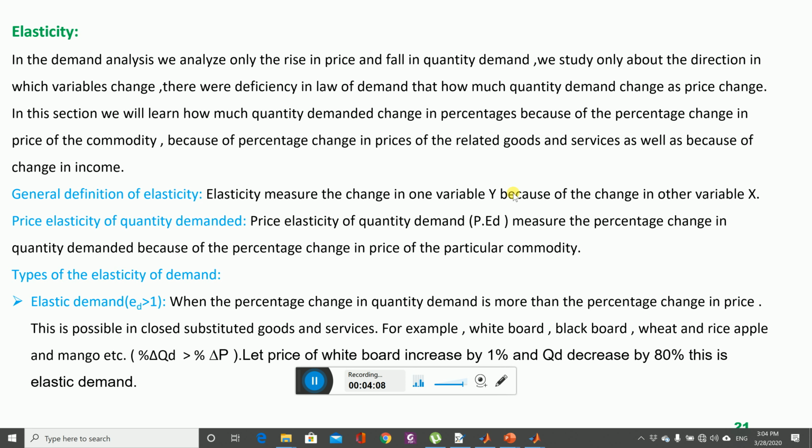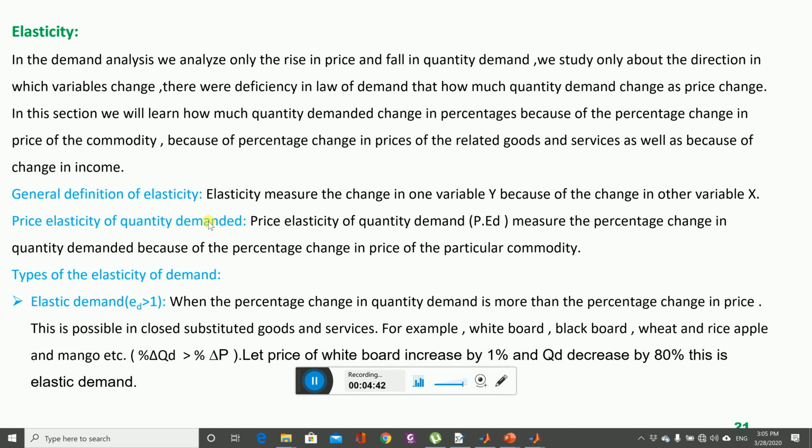It means elasticity is the concept that relates two variables, the effect of one variable on the other: how many times y will change if x changes one time, how much y will increase or decrease if x increases or decreases. So this is the general definition of elasticity: it calculates the change in one variable y because of the change in another variable x.